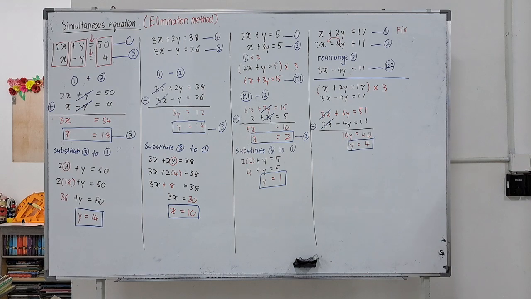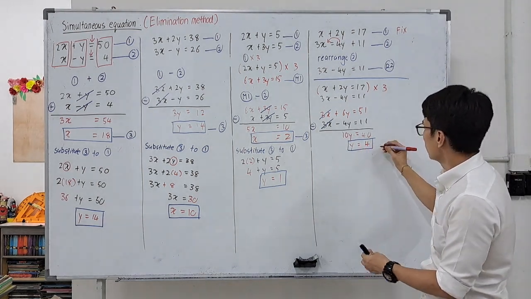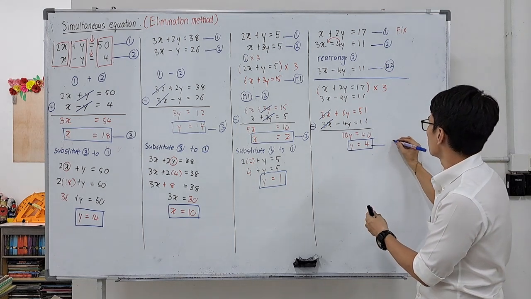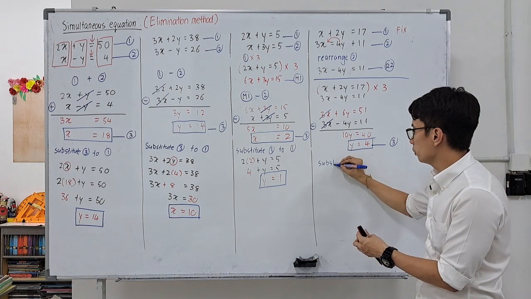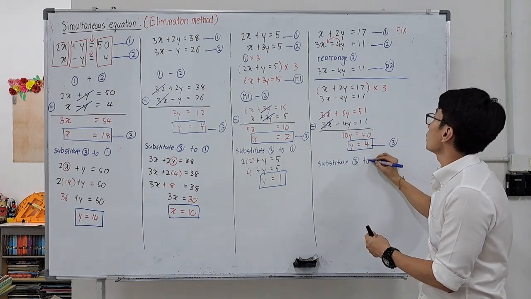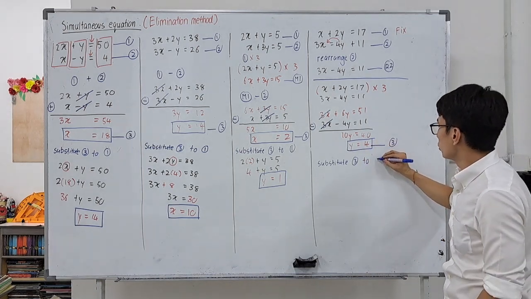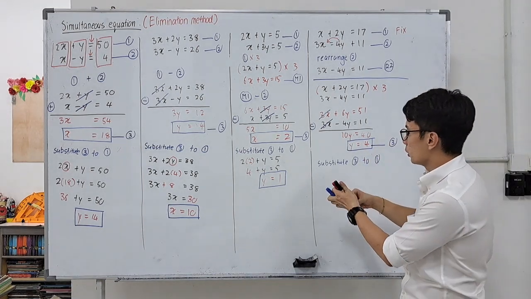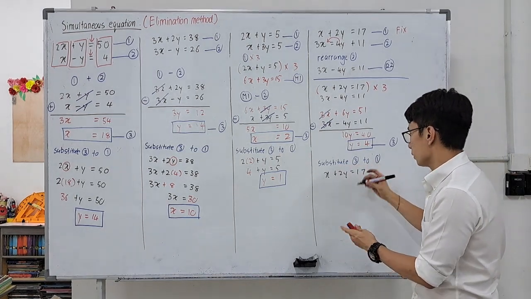So what's going to happen next? Same thing. I'm going to substitute this value of y back into any equation you want. Since I want to find x, I'm going to put it into equation 1, that seems easier to do. x plus 2y equals to 17.